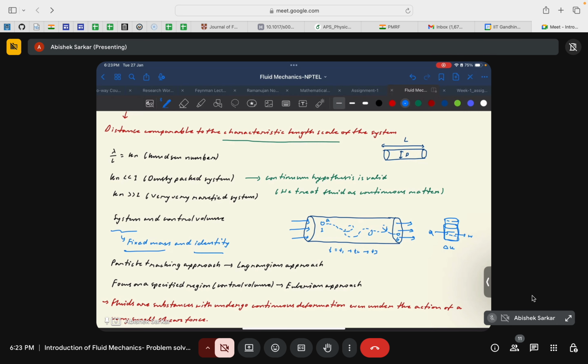So tell me, if you're trying to do this kind of analysis and the mass is fixed and the fluid is not going out, say imagine that the lid is closed, so there is no evaporation, now will this come under the control system? Can this be considered a control system approach?